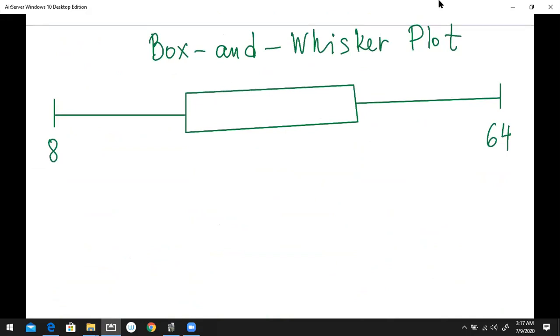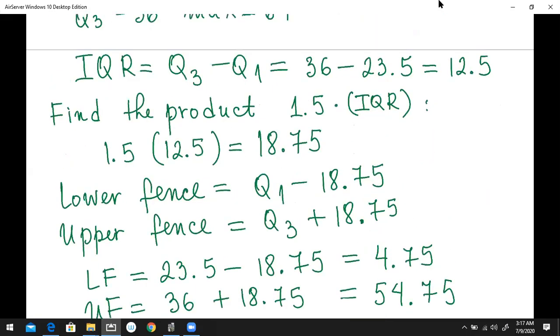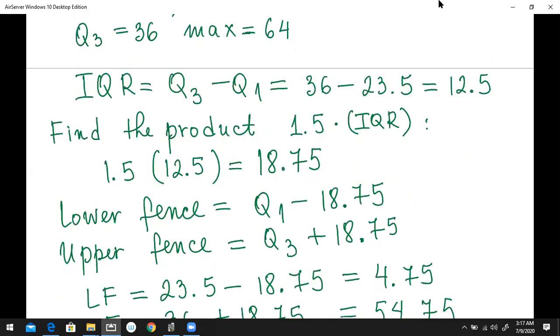So it's going to be in this way here. 28.5 is Q2, or the median. This is Q1 right here, and this is Q3. So this one was 36, and this is 28.5. We have 36 and 23.5.